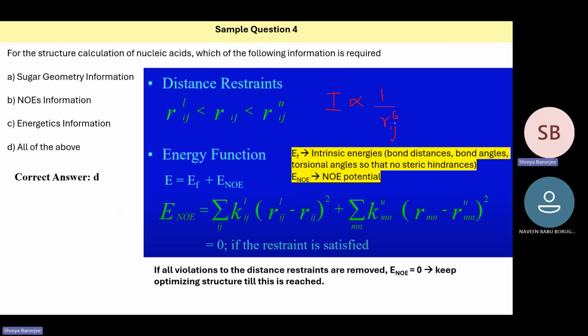So from NOESY intensity, we need to find the distance constraints. So NOESY information is important. Then we have an energy function, which has two components. The E_NOE component depends on the NOESY, but it is the other component that we will look at now. So this component is the intrinsic energy of the compound.